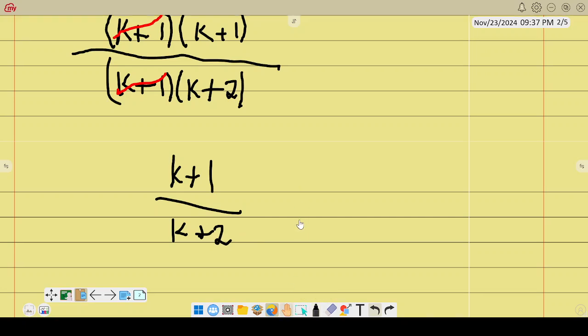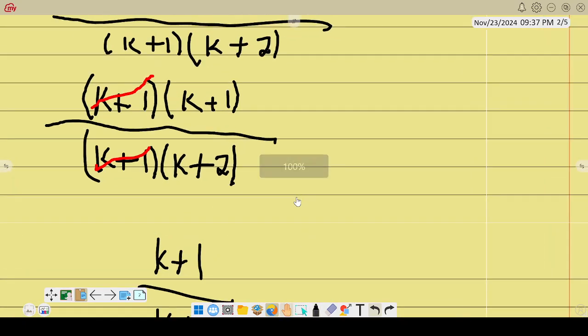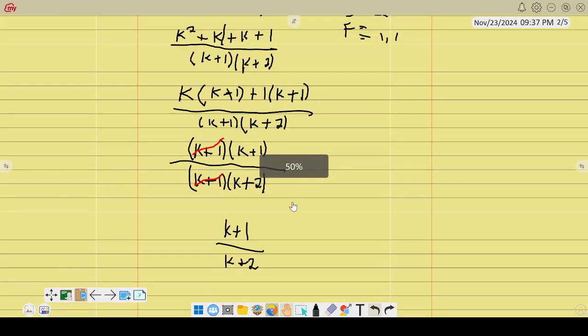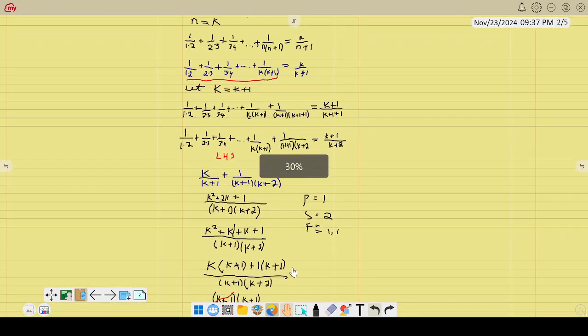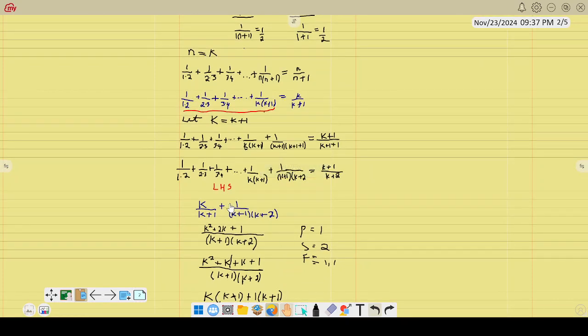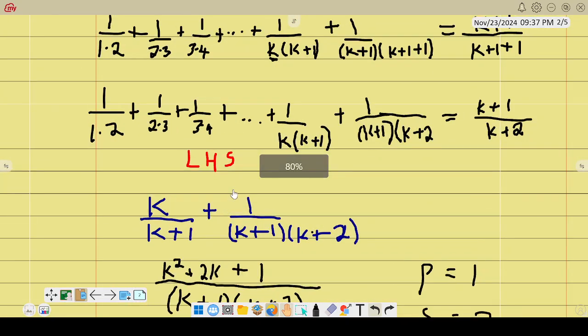So this has taken us back to what we wanted to achieve. Here on the left hand side, we were just busy working with this.